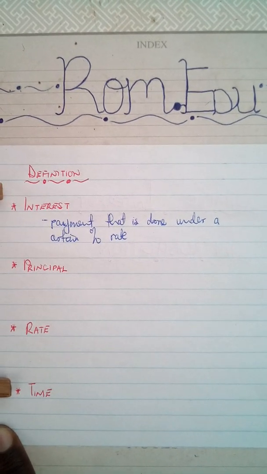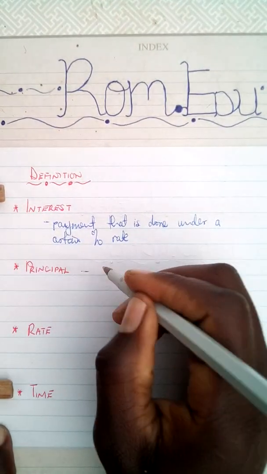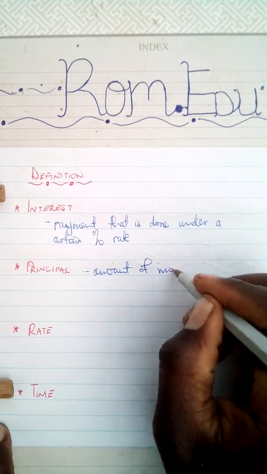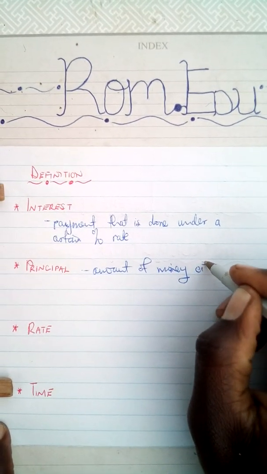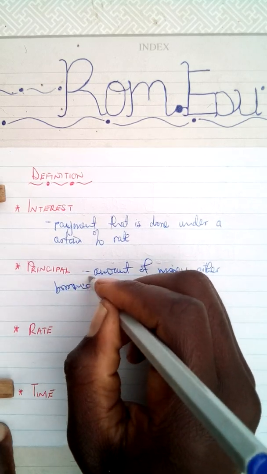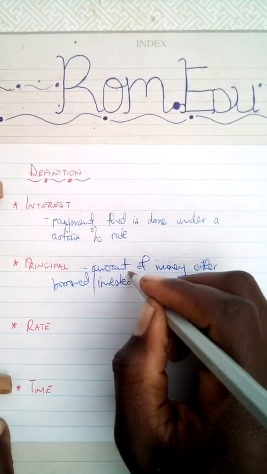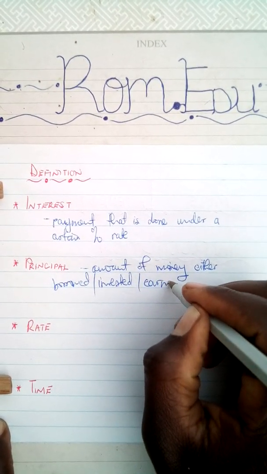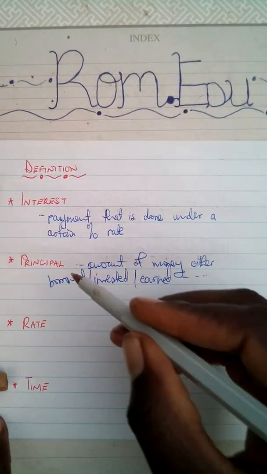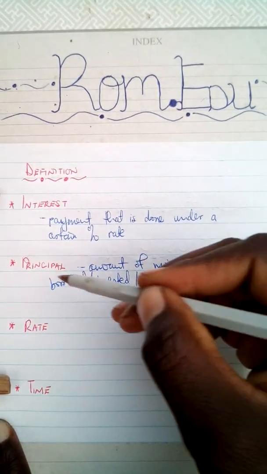Then the second thing that we're going to look at is principal. Principal is the amount of money either borrowed or invested. Someone might borrow, so the figure that you borrow is what you refer to as principal.